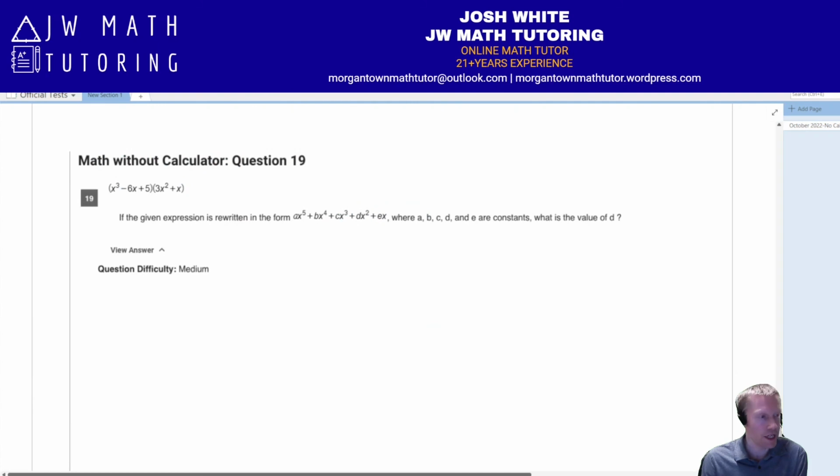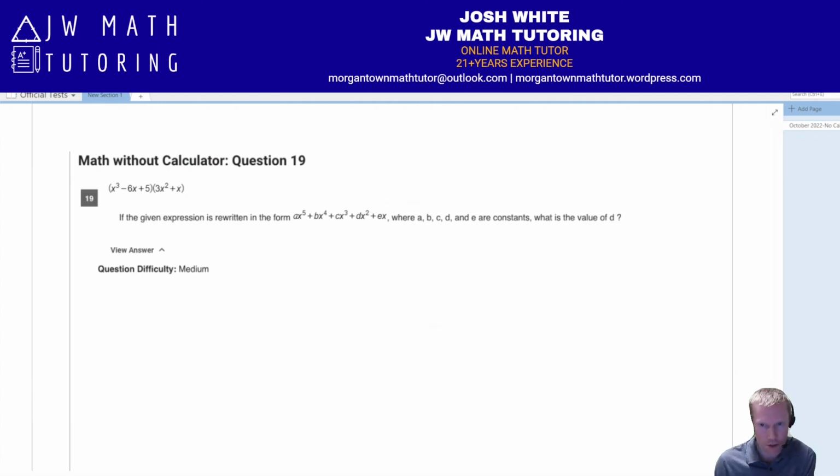All right, number 19 is up next. Here you have some polynomial multiplication, but notice we're only concerned with the x squared terms. So we only need to look at the variables after potential multiplications and do out the ones that give us an x squared. So for example, here, x cubed times x squared, x to the fifth, we don't need to do that.